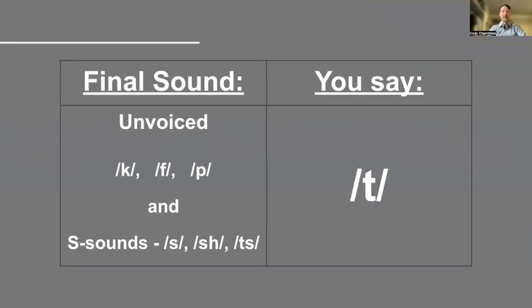Nice job. Now we have final sound unvoiced. So remember, there's no vibration coming from our throat. For example, k, s, sh, ts. No vibration coming from my throat. So with these unvoiced sounds, we say t. Let's practice.